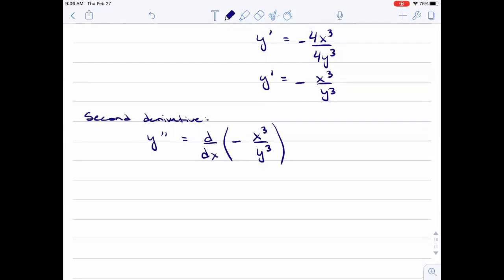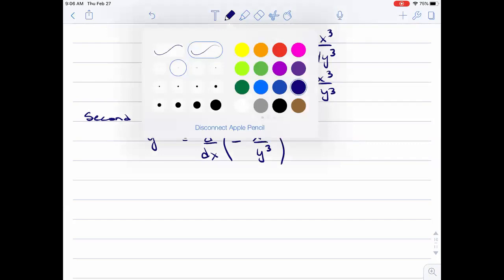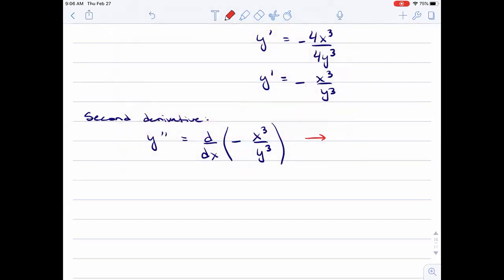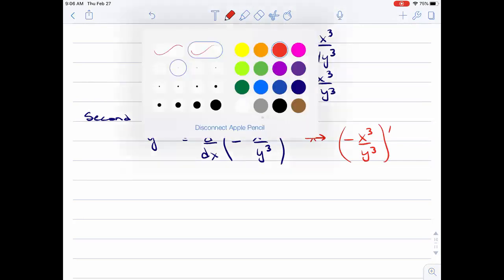I'm only using that differential operator d dx because I really don't want to write something like negative x to the 3 over y to the 3, prime. It just doesn't look good, and that's the only reason that we use the d dx instead.